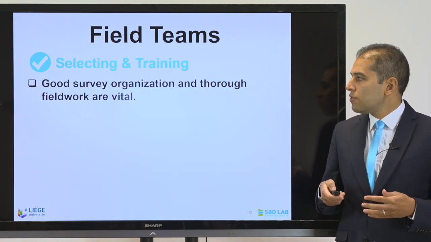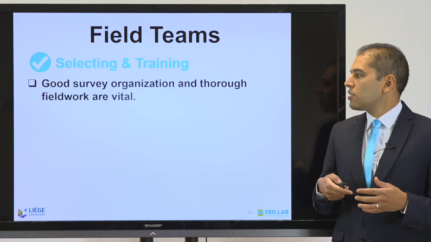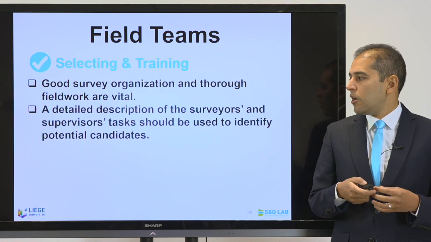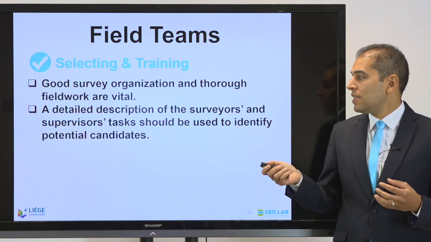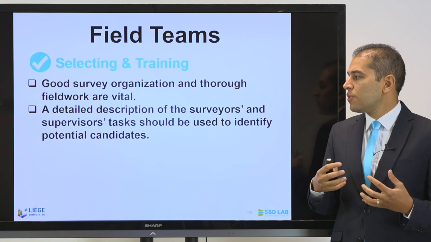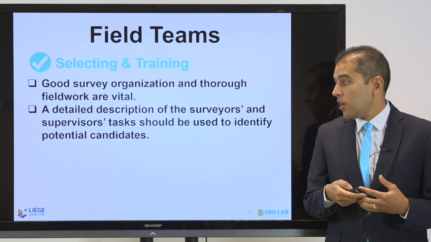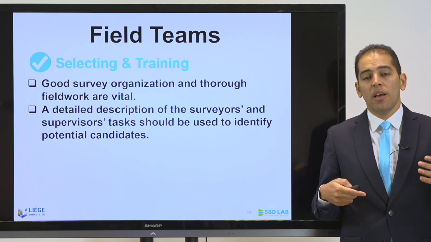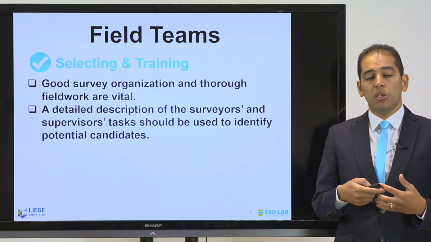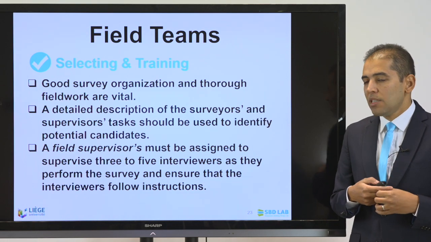A good survey organization requires thorough fieldwork, because this is part of the vitality of your survey results. A detailed description of the surveyors' and supervisors' tasks should be used to identify the potential candidates. So you start first with the characteristics of the survey and how the surveyor should be chosen, and based on that you can select your candidates.